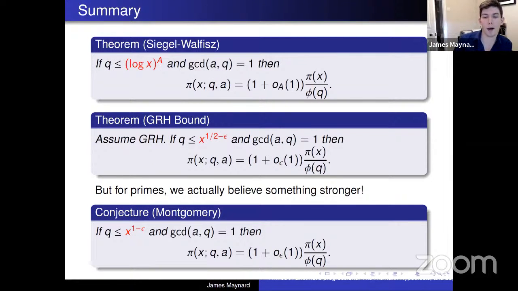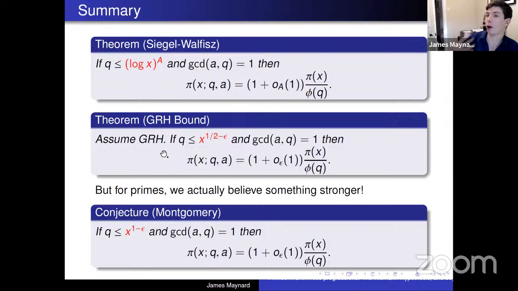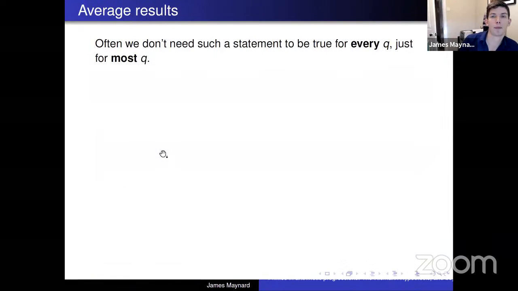So that's not the end of my talk, because it turns out that for many applications, it's very important to go beyond this Siegel-Walfisz range, but it's not important that we know this for each q individually. It's sufficient to know it for most q. So the Riemann hypothesis tells you you have equidistribution of primes for every individual value of q which is smaller than the square root of x.